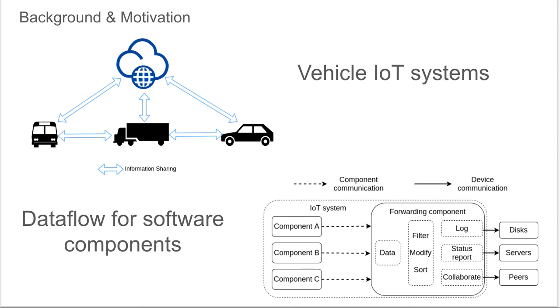Such a component receives the data from other components, does some filtering and modifying, and then transfers this data to the outside of the node. And for such a forwarding component, how to access the data efficiently is very important.